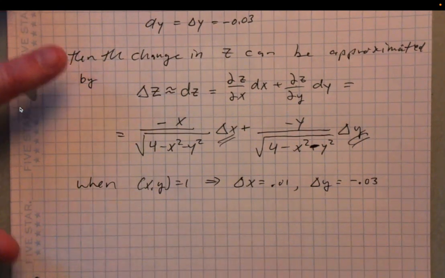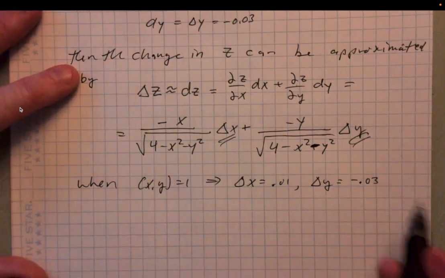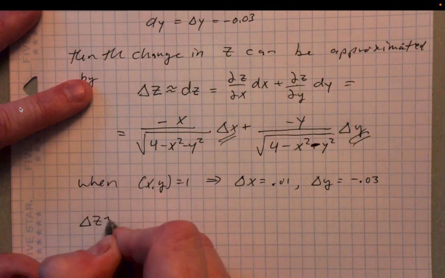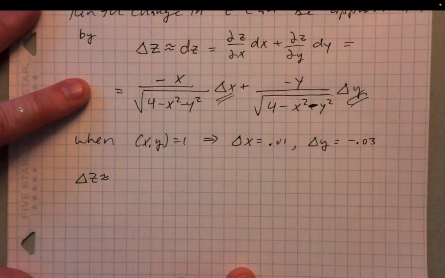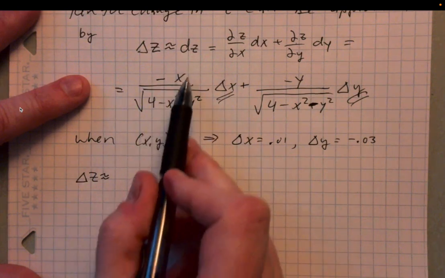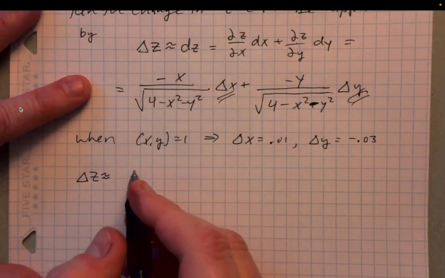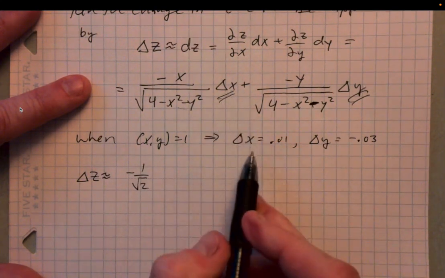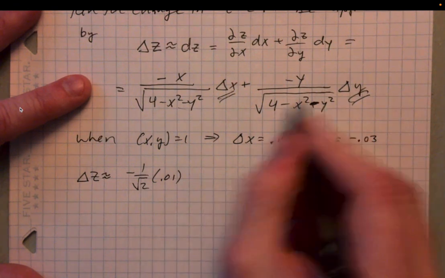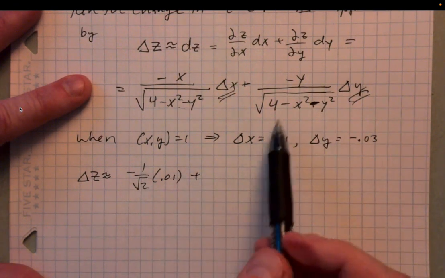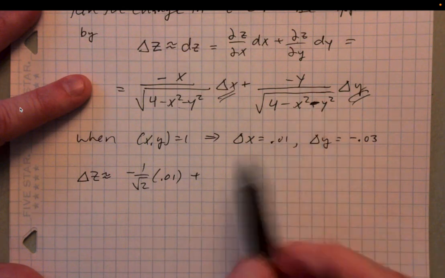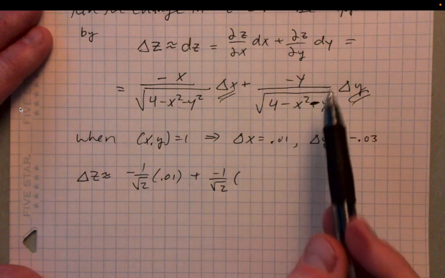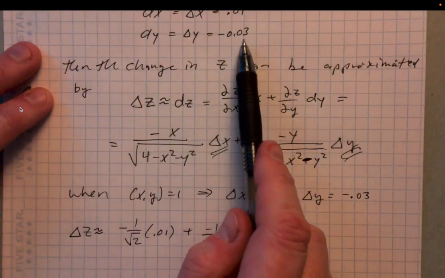Plugging all of this in, delta z is approximately equal to negative 1 over the square root of 2 times delta x, which is 0.01, plus negative 1 over the square root of 2 again, times delta y, which is negative 0.03.